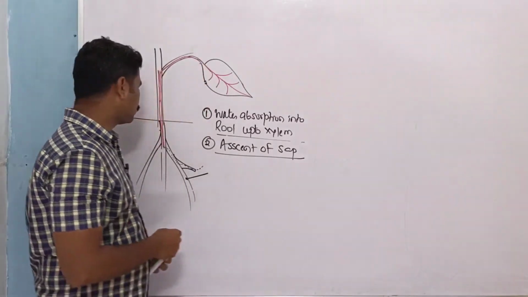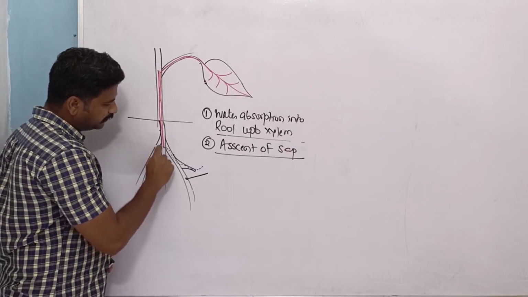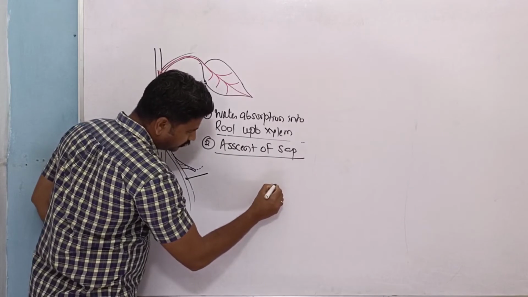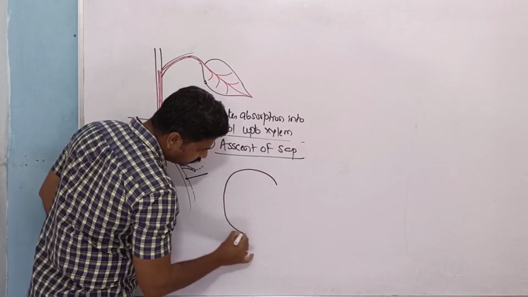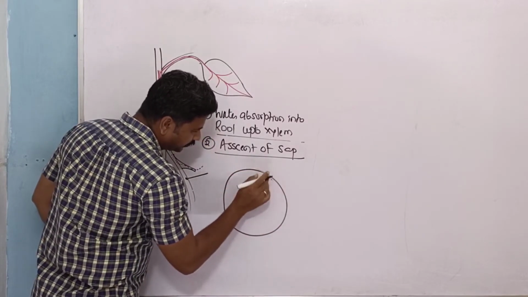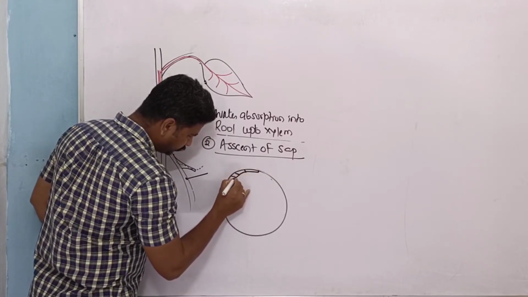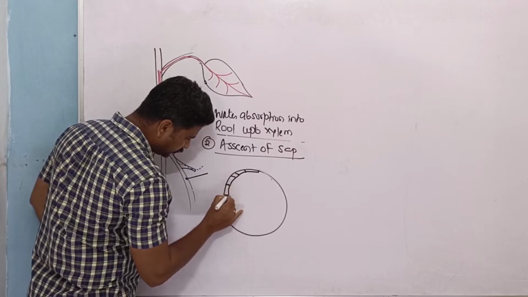See, if we take a cross section at this particular level, okay, then we can visualize in cross section we are having the outermost layer of epidermis in case of plant roots, this is the outermost layer.